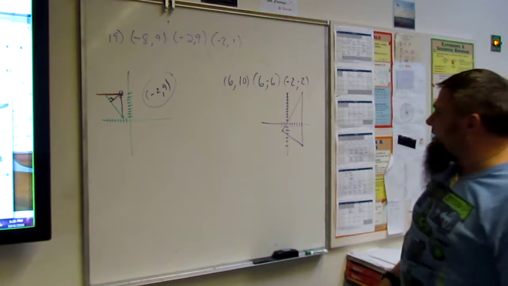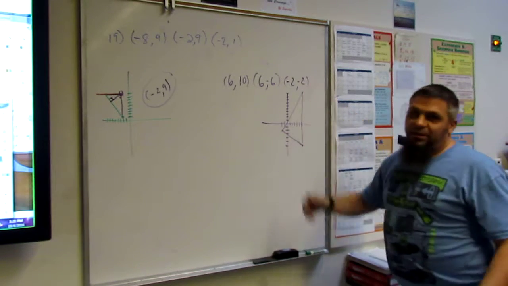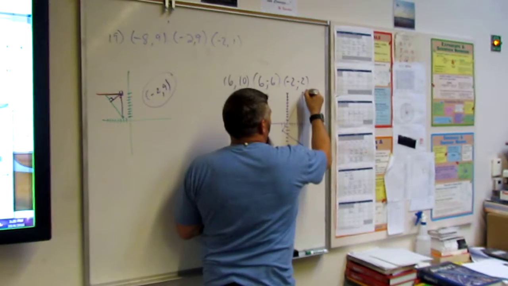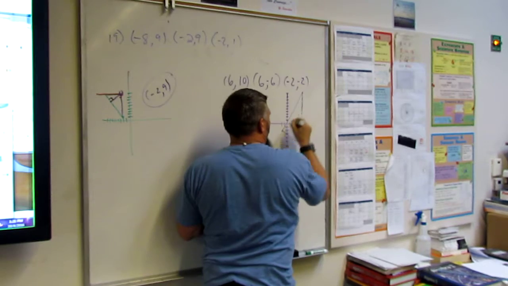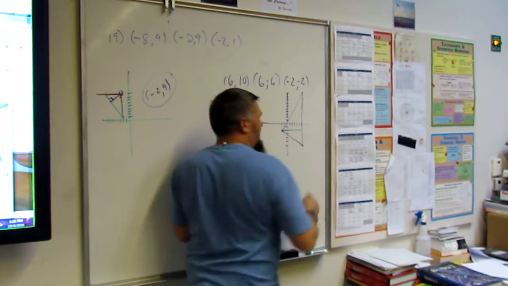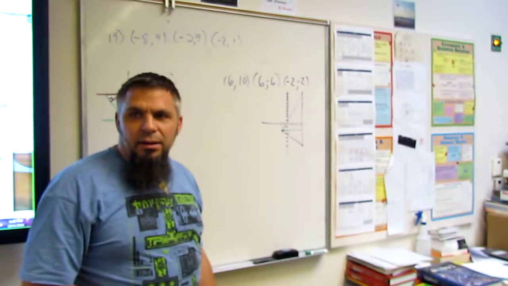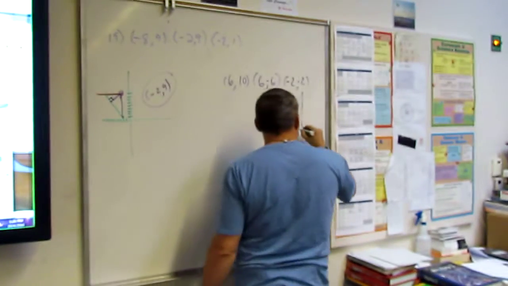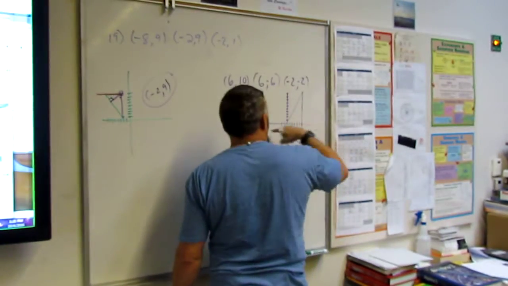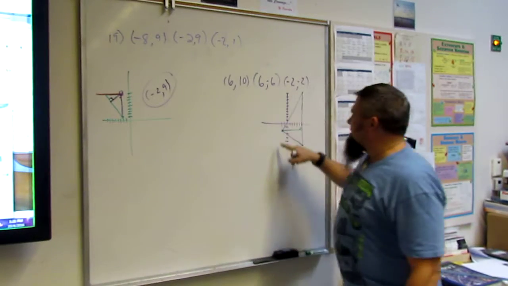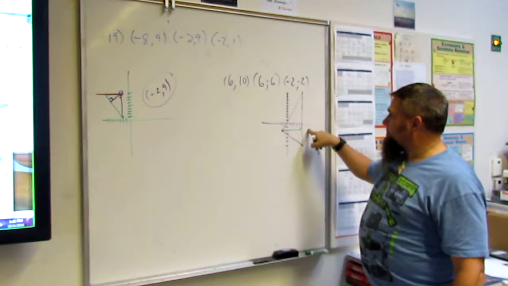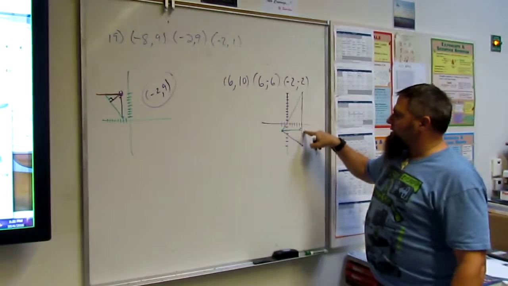What's nice about this one is, I know right away that I'm just looking for this point right there, because this is a straight up and down. So it's perpendicular to it. It's straight across. Correct? So that's going to be at negative 2. Negative 2 and 6?